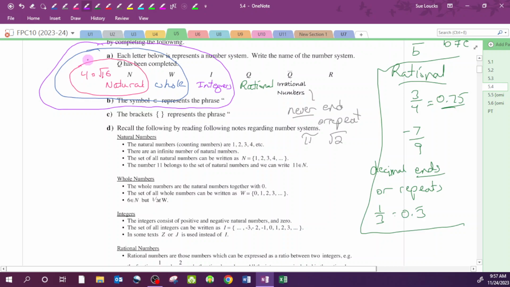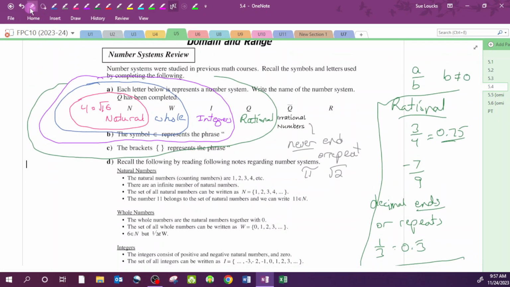And then the integers is even bigger, right? It's actually twice as big as the natural numbers because it's all of the natural numbers and their negative counterpart. And so every whole number and every natural number is also an integer. And all of those are also rational numbers.